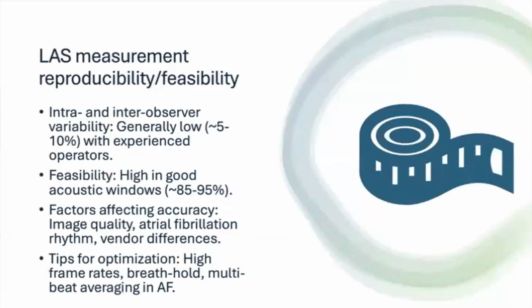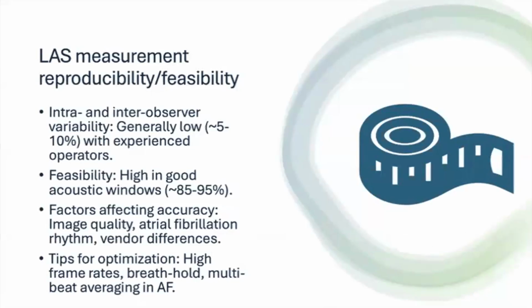So we've seen that there's significant variability among patients, even those with so-called normal left atrial strain. But what about the actual reproducibility of performing these measurements? The good news is that the inter- and intra-observer variability is usually less than 5% among skilled operators.